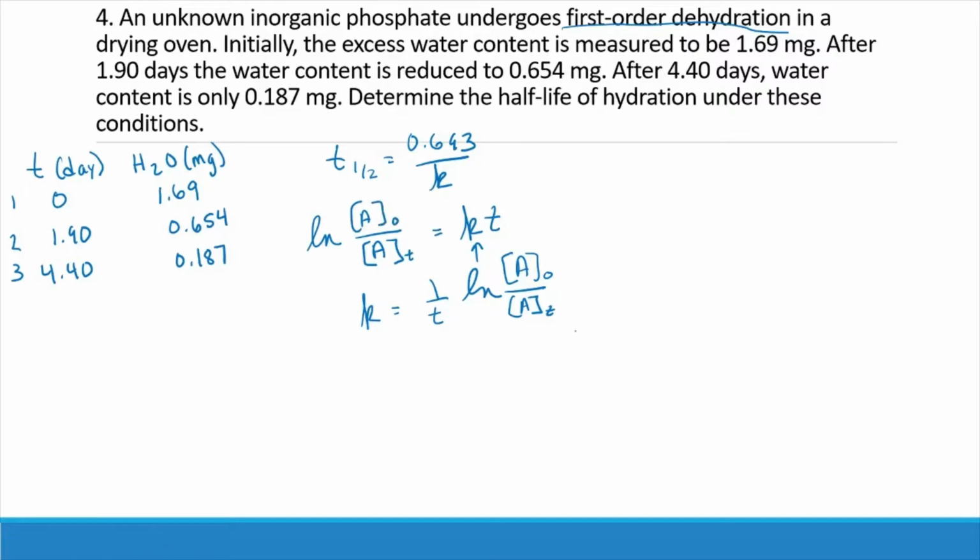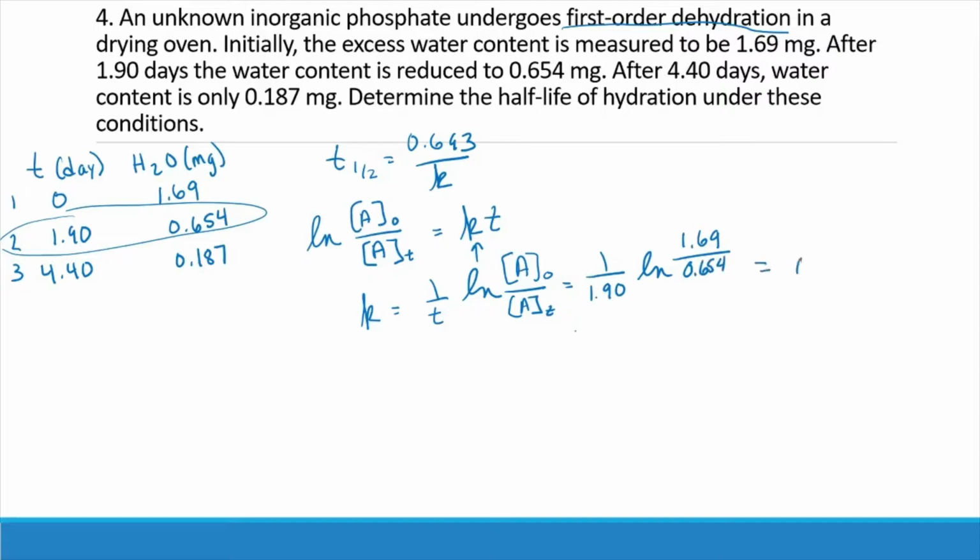And then we can go ahead and choose really any data point that we want here. So I went ahead in my work and I chose 2. You could choose 2 or 3. You can't do 1 because your time is 0 there. So then we can use this data point: 1/1.90 times the natural log of A0, which is 1.69, divided by our amount at that time, which is 0.654.